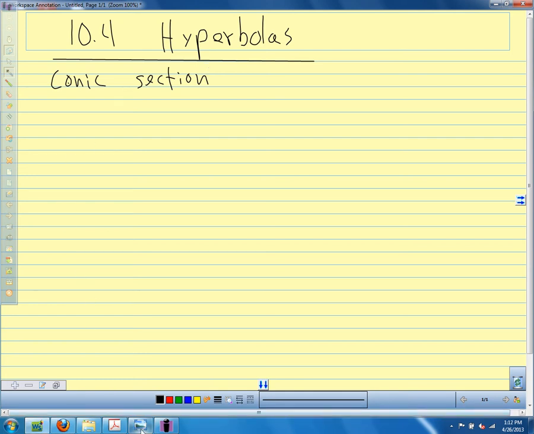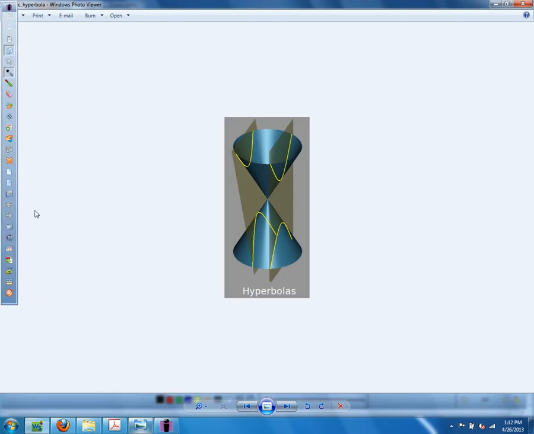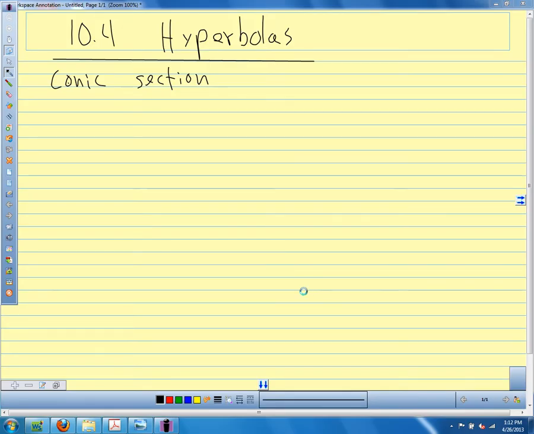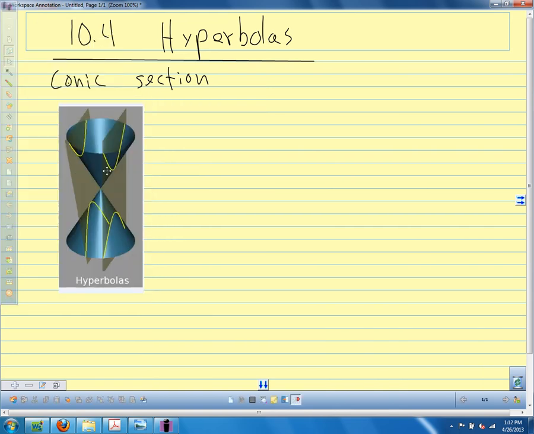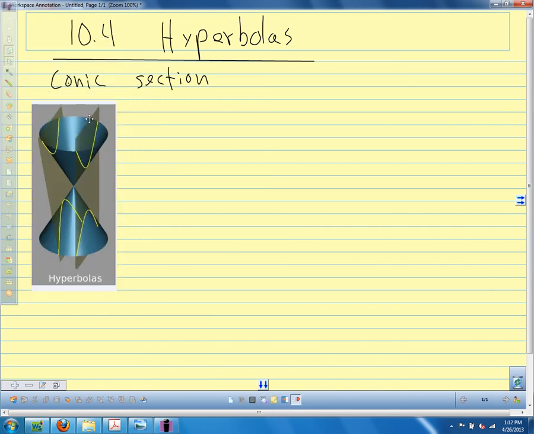And we get a hyperbola by cutting a cone parallel to the axis. So we're cutting our cone by a plane parallel to the axis.